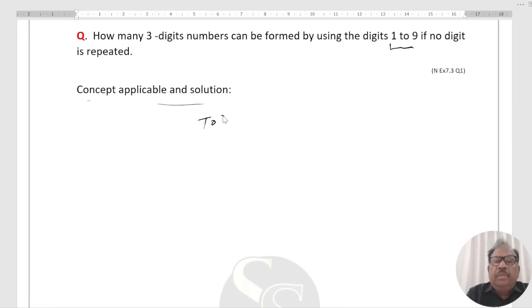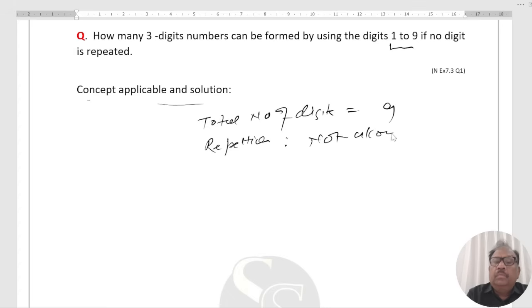Total number of digits are 9. 0 is not there. Repetition allowed or not allowed? Not allowed. It means one number utilized cannot be used again.